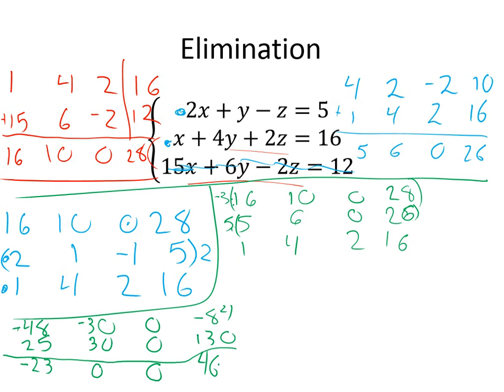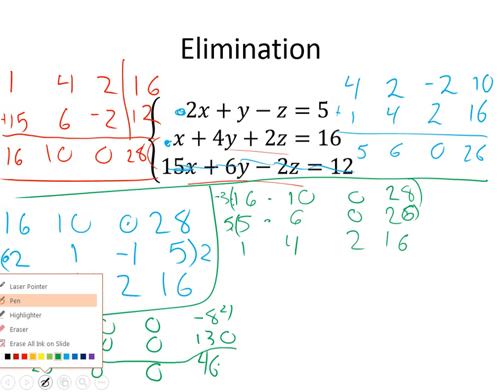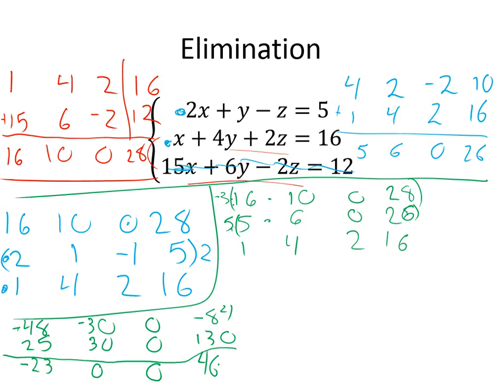And now this is going to replace either this first one or the second one. And now going to orange to finish it up. Now when we rewrite it, I'm going to replace the first one. We'll have negative 23x, and then 0 for y and z, is equal to 46.